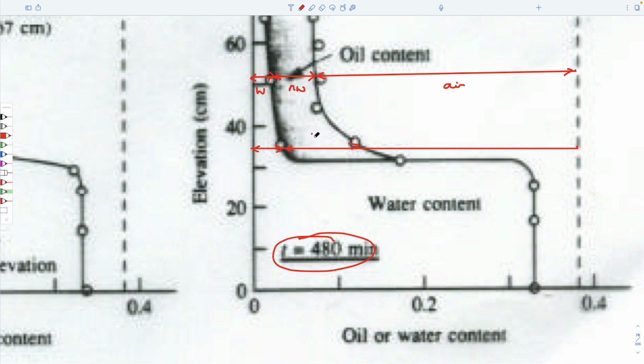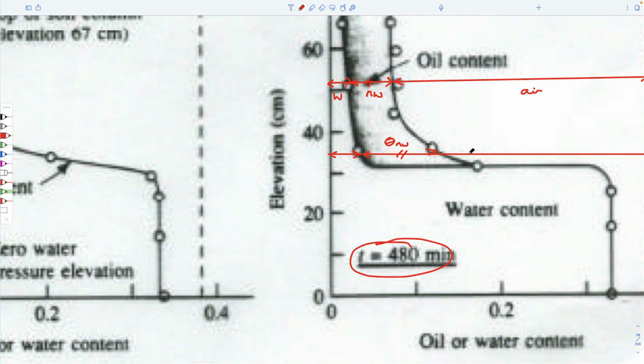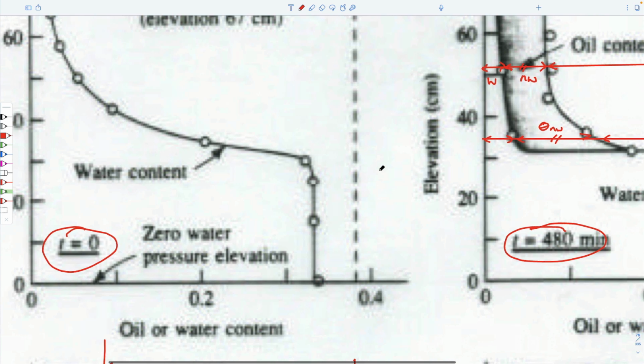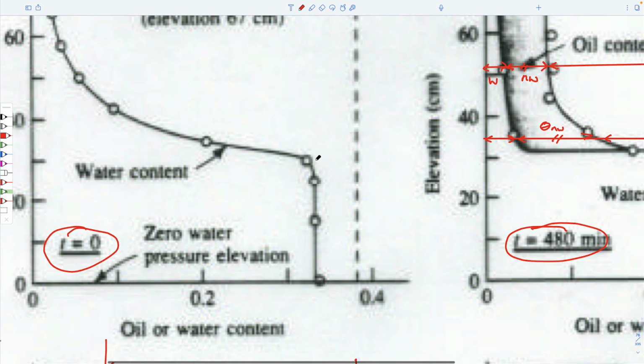And what is interesting to note is that this length here is widening compared to this. And it's widening because, as you'd expect, it's being buoyed by the water table. So by definition, we could think of the top of this as the tension saturated zone.